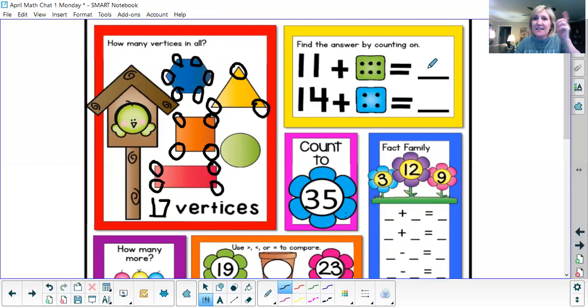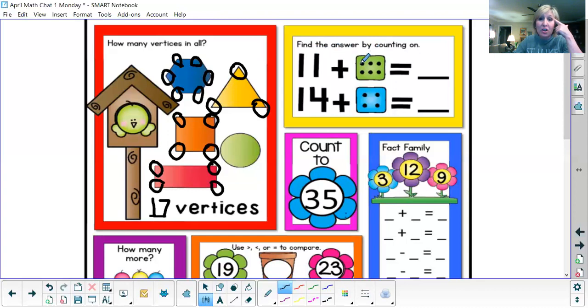Now, counting on is just this. Finding the bigger number. I like to find the bigger number. You don't have to. I just like to do that. 11 and 6. 11 is bigger. So I take the bigger number and I put it in my head. 11. Now I keep on counting with 6. I count on 6 more. So I say 11, that's in my head.